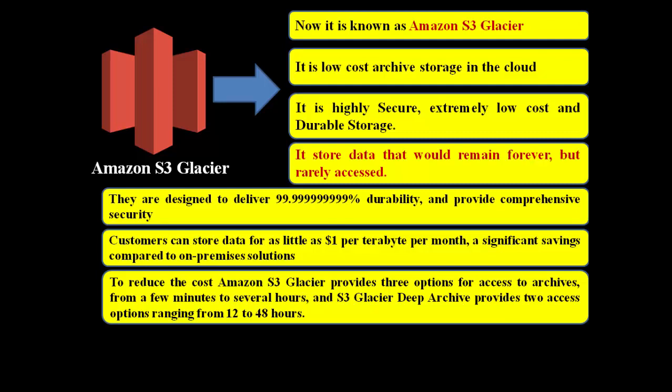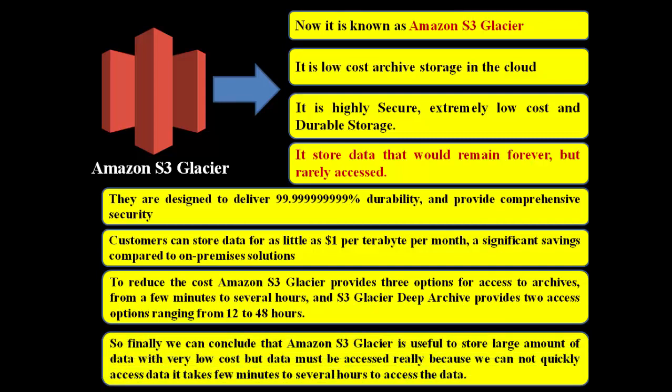To reduce the cost, Amazon S3 Glacier provides 3 different options for access to archives, from a few minutes to several hours. And S3 Glacier Deep Archive provides 2 access options ranging from 12 to 48 hours. So if you need to access your data rarely, but want to store it permanently for a long time, at that time we can go for either S3 Glacier or S3 Glacier Deep Archive.